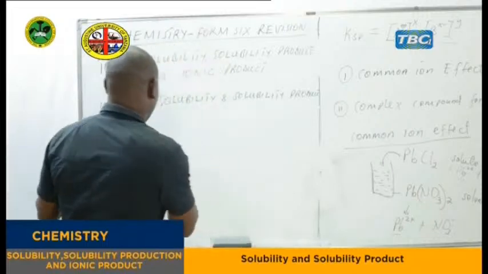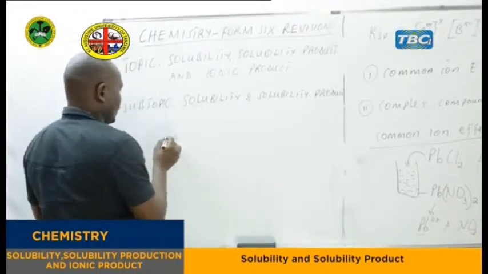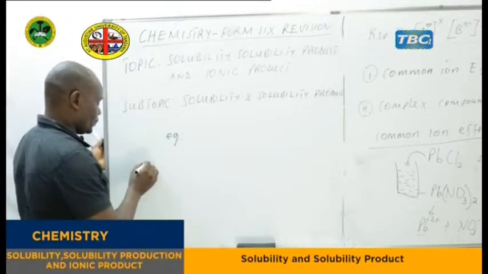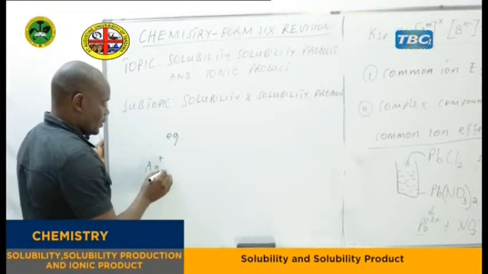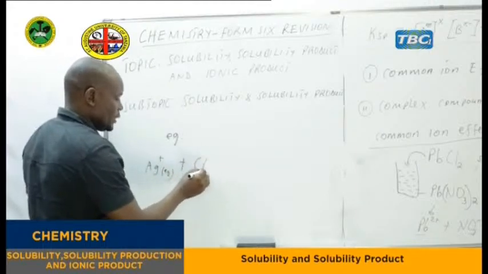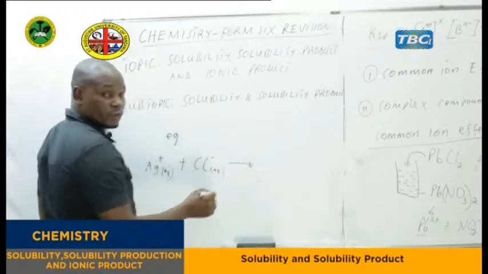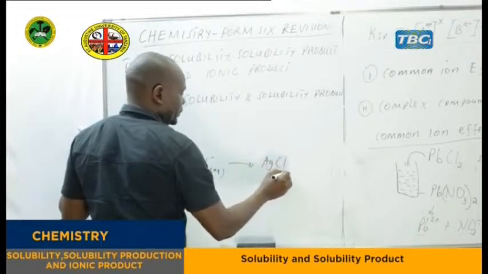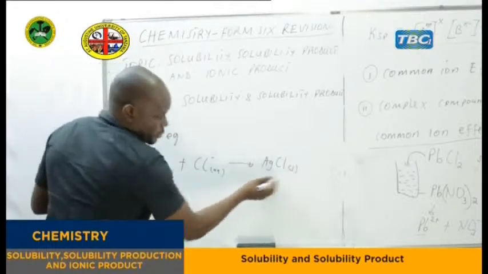For example, if we have silver nitrate, taking an example where you have a solution of silver, and to that solution which contains silver ions you add chloride ions, then it will result in the formation of a white precipitate of silver chloride. That is under normal conditions, and this is solid.